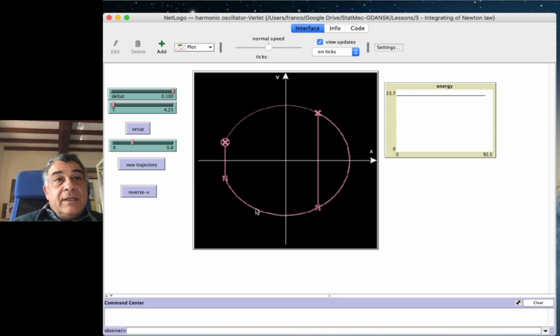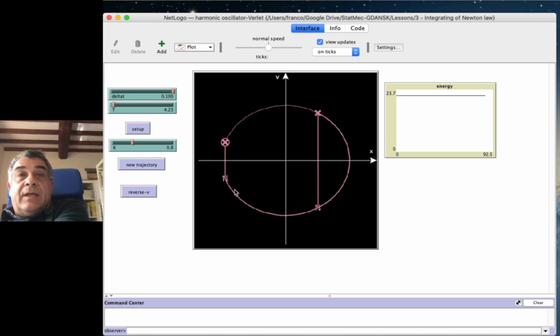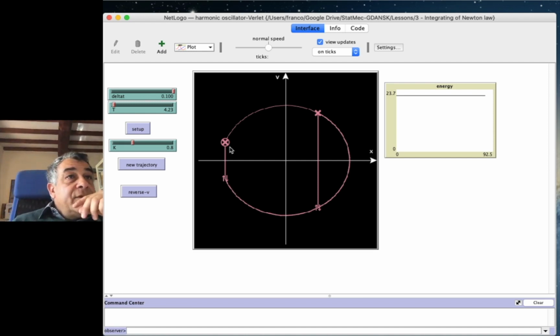So essentially, it's the same way. I just go on with the same algorithm as before until I reach another position, and then I reverse again the velocities, and I get back to my initial position marked here.